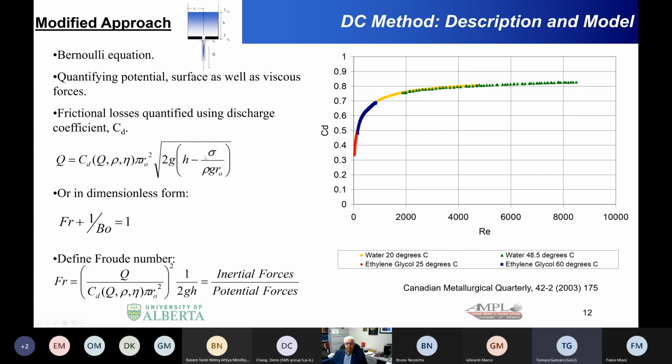solve, for example, for surface tension, density, and viscosity, because as you're draining the crucible, if you measure the change in height with time, and if you measure the flow rate exiting the orifice as a function of time, then you have, in a simple experiment, even if you've got 100 milliliters of a fluid in the crucible, over 100 data points.